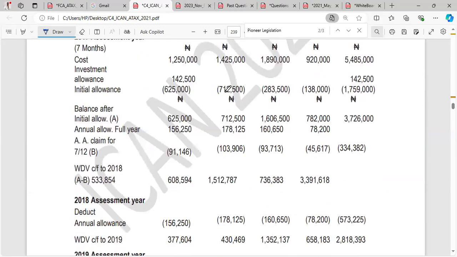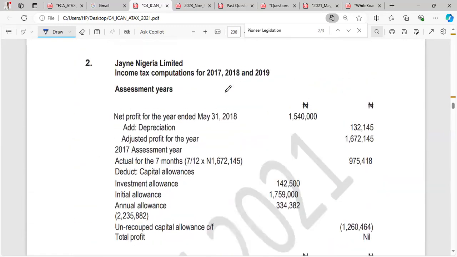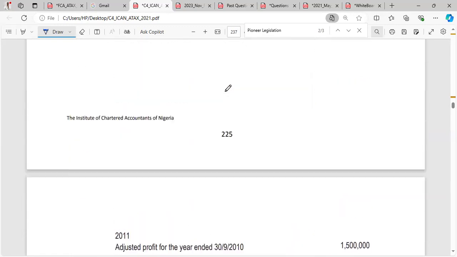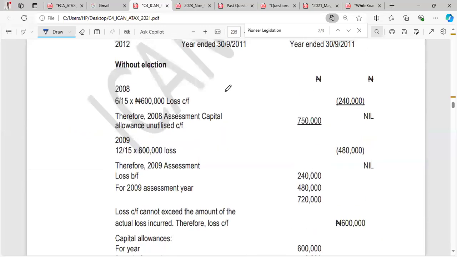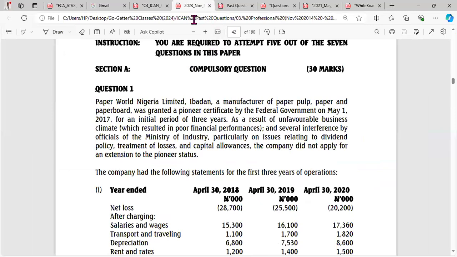So that's the reason why I wouldn't do that, because they are supposed to test you with the New Finance Act, which this question number 3 will answer.